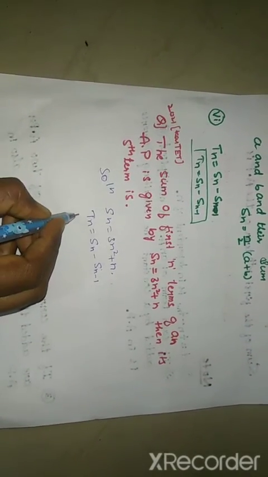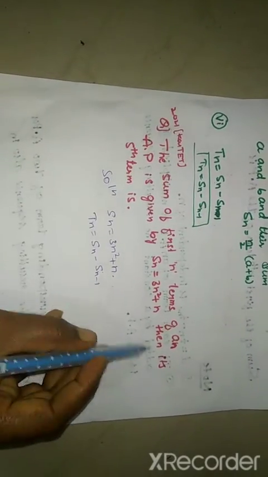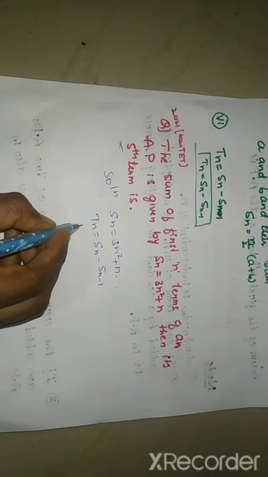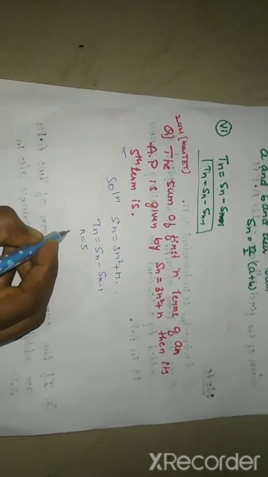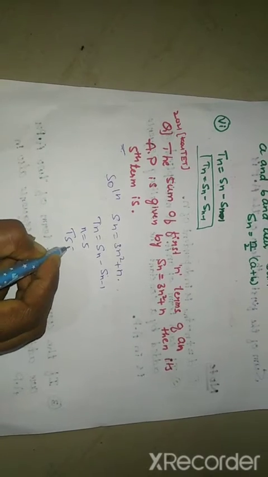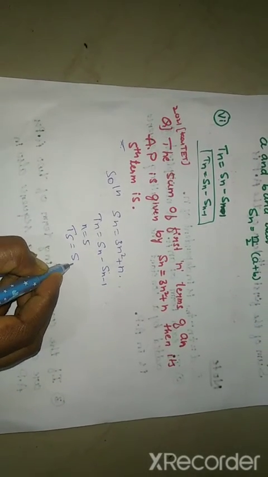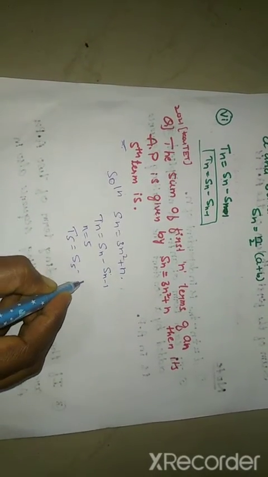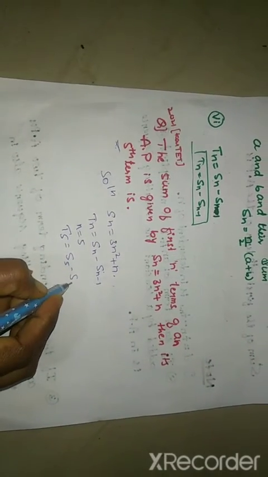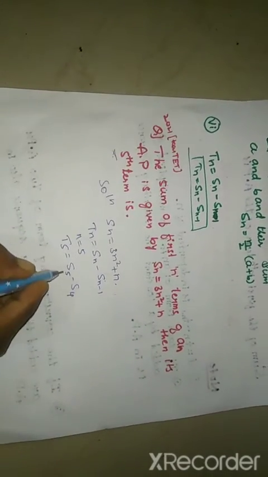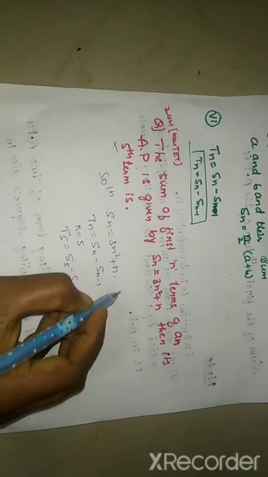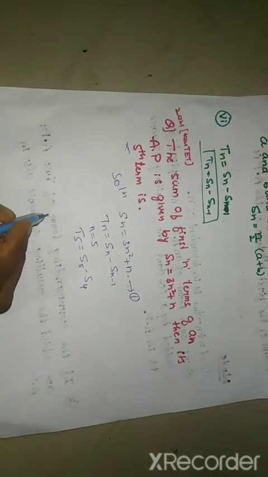I want the fifth term, so I will put n equals 5. Then T5 equals S5 minus S4, so I want to calculate S5 and S4. I will take this as equation 1.